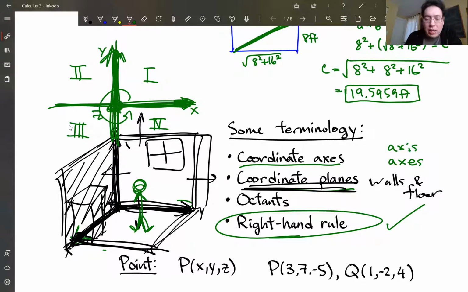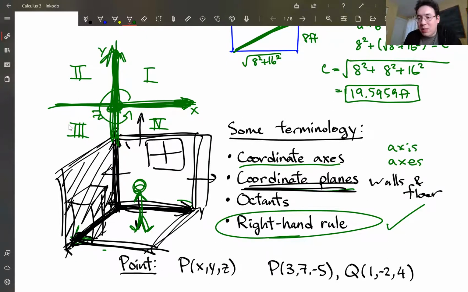So that's when x, y, z are all positive. There are 7 other octants, but there's no standard name for them. There's no 'that's the second, that's the third, the fourth, fifth, sixth, seventh, eighth.' It's hard to keep track of where is what, so we don't use those.